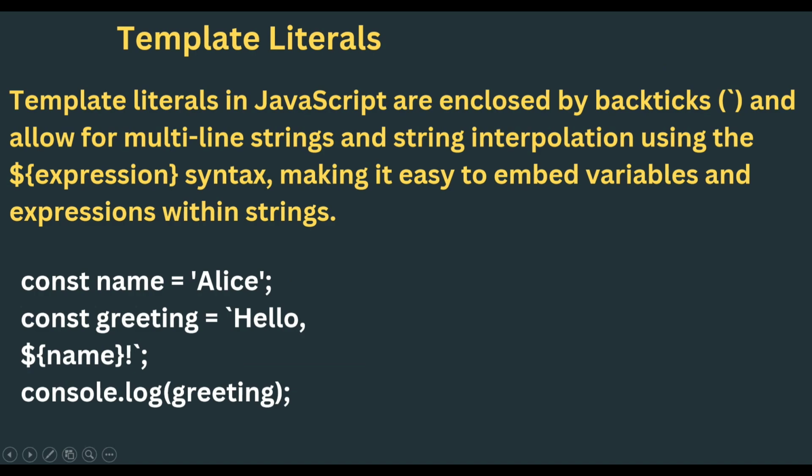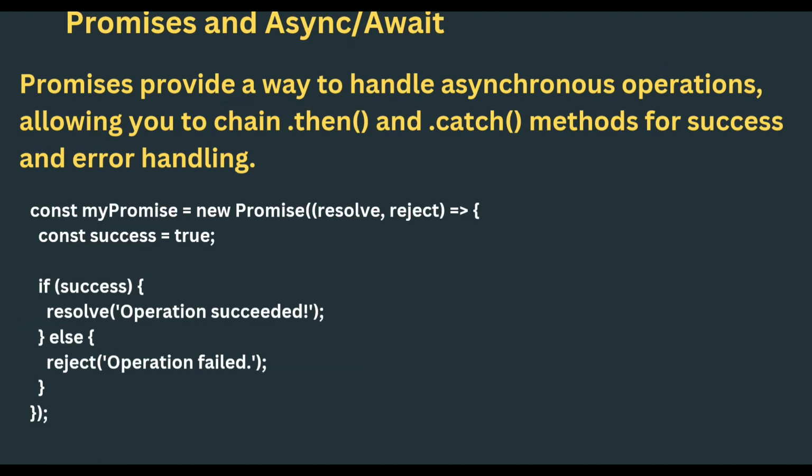Next, we move on to promises and async await. Promises provide a way to handle asynchronous operations, allowing you to chain then and catch methods for success and error handling. Promises are objects that represent the eventual completion or failure of an asynchronous operation.